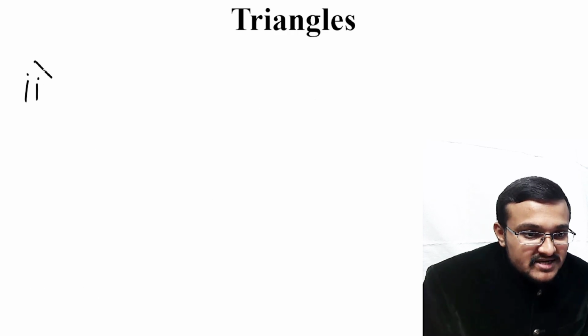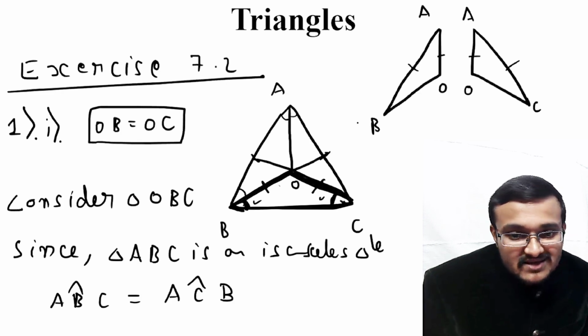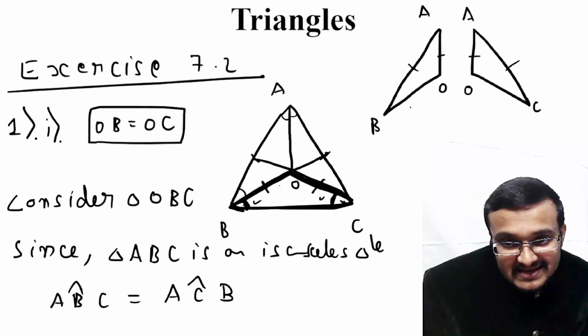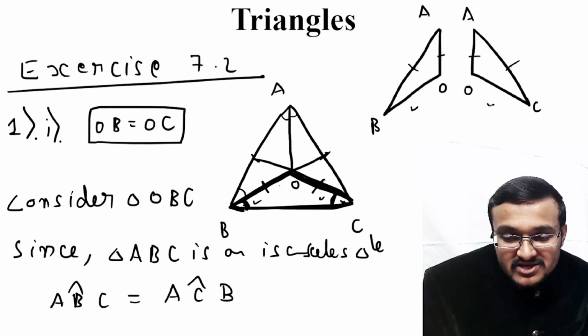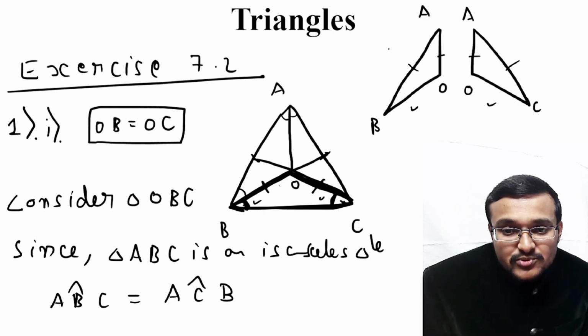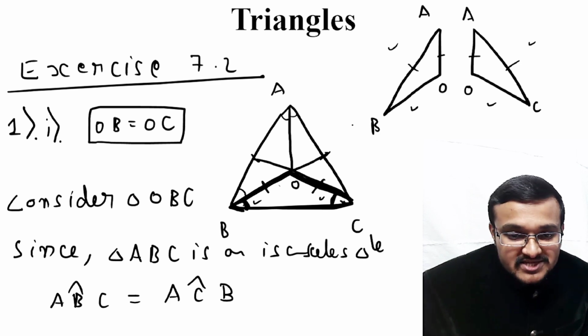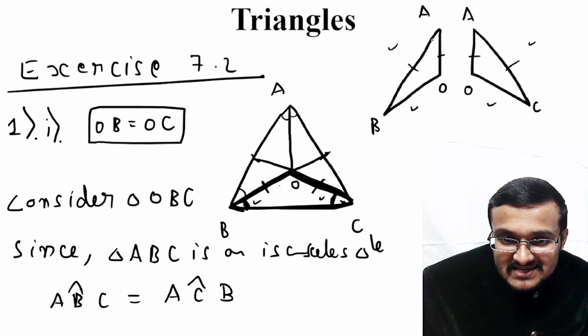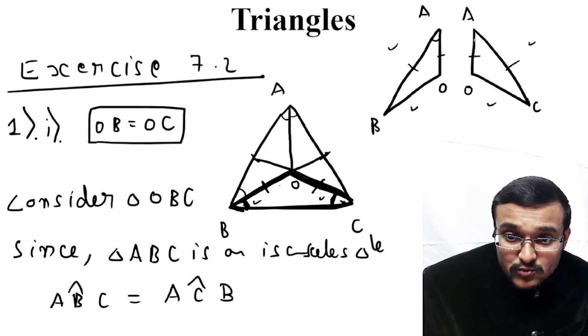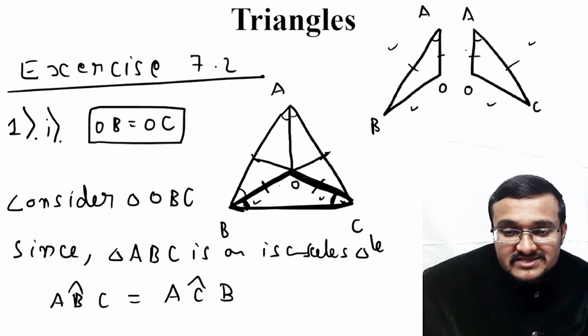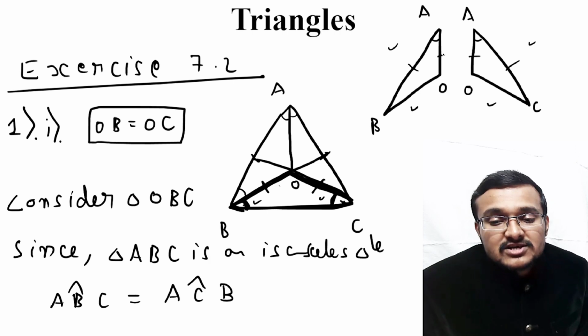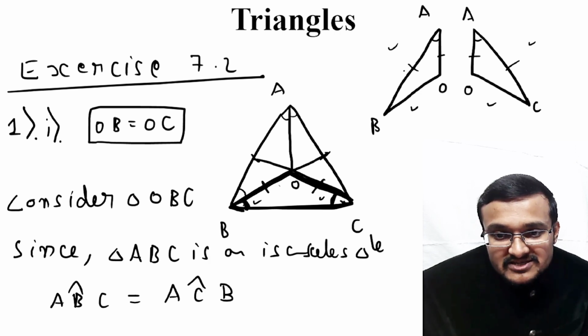In the second question, you have to consider triangle AOB and triangle AOC. If we prove that these two triangles are congruent, then we can easily prove that angle BAO and angle OAC will be equal to each other. So in order to do that, first we have to prove these two triangles are congruent.